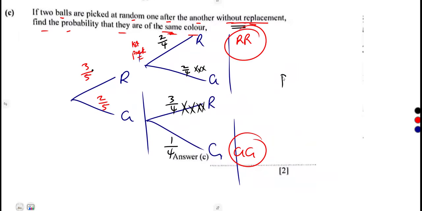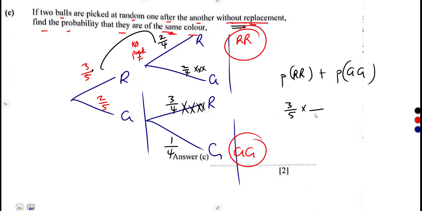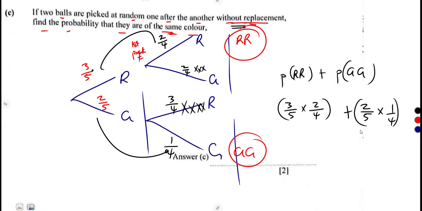So the probability of red, red plus the probability of green, green. Red to red: first it was 3 over 5, then the second one had to change. You take 1 from that, so out of 5, you take 1, you remain with 4. The total is also affected. For green to green, I was having 2 over 5, I pick again, so it'll be 1 over 4. Or you can use the diagram like I said.